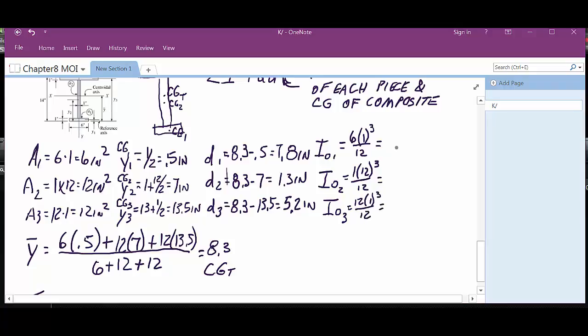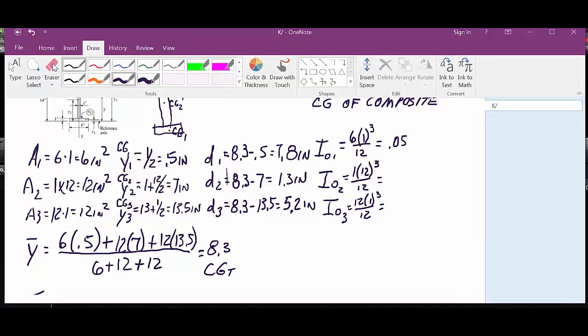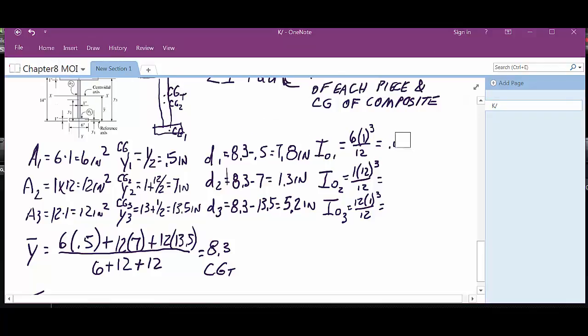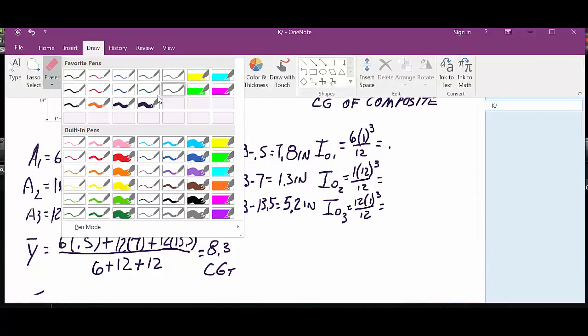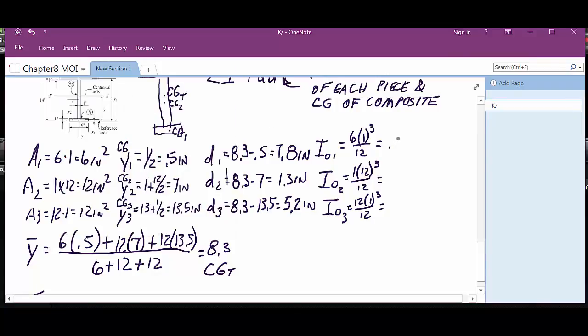So what are those numbers? This one is 0.5 inches to the fourth.